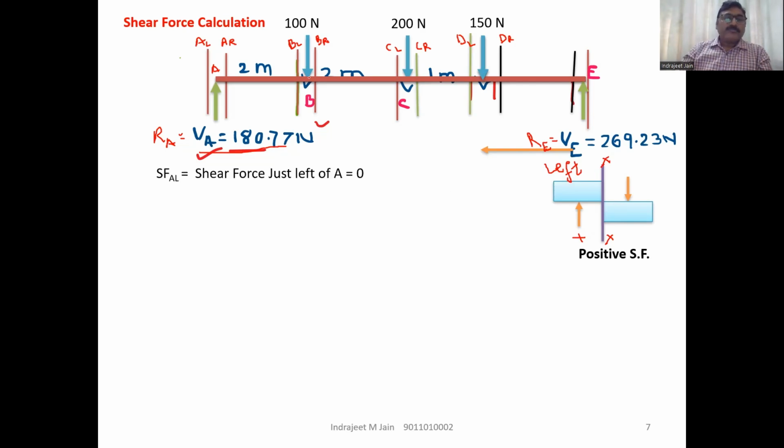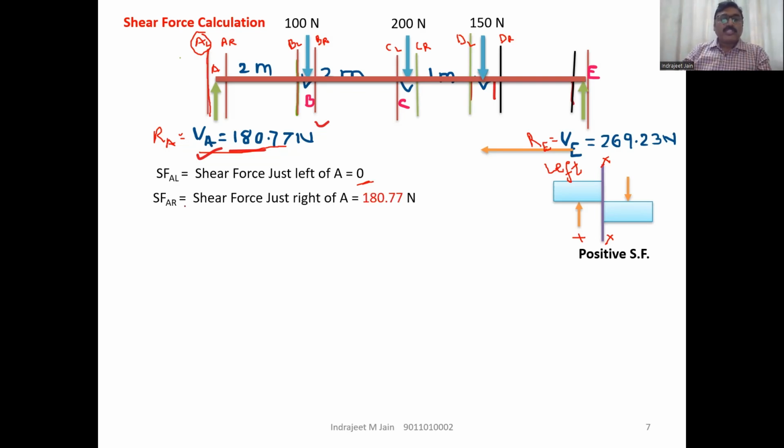So here, the first is shear force at the left of A. This is section A. On the left side of this section, there are no forces. So shear force just left of A will be 0.